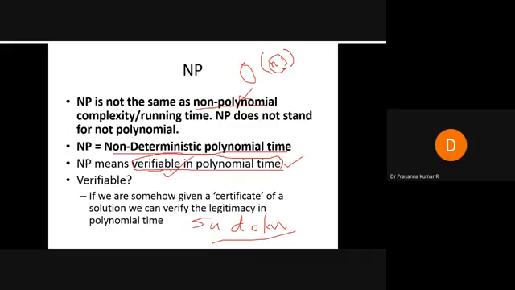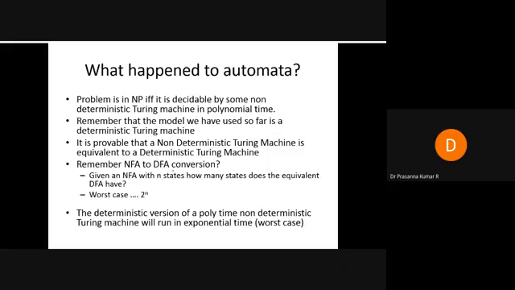The example we have discussed now is the Sudoku game. So let's now move on to our discussion to automata, because this subject is specific to theory of computation. A problem is in NP, that is non-deterministic polynomial time, if and only if it is decidable by some non-deterministic Turing machine.